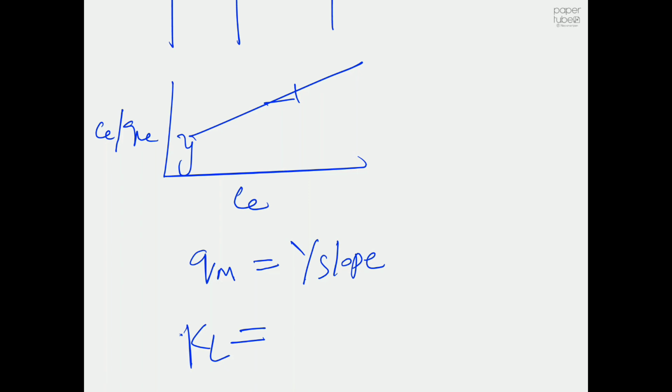So KL will be equal to 1 by QM into intercept. Yes, indeed I did make a mistake.